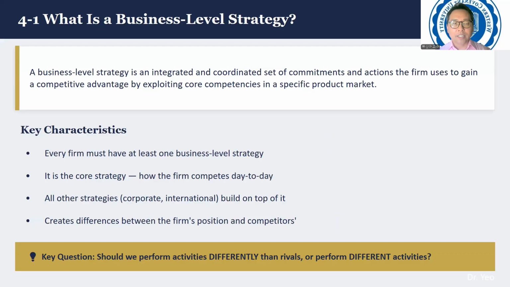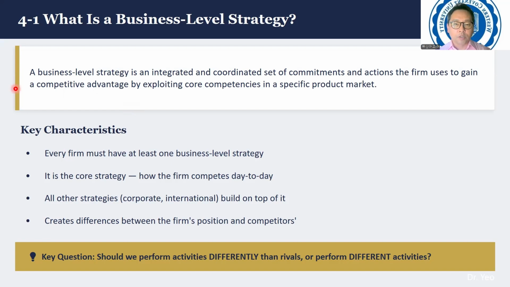So what exactly is business level strategy? Let's take a look at the definition. A business level strategy is an integrated and coordinated set of commitments and actions the firm uses to gain a competitive advantage by exploiting core competencies in a specific product market.